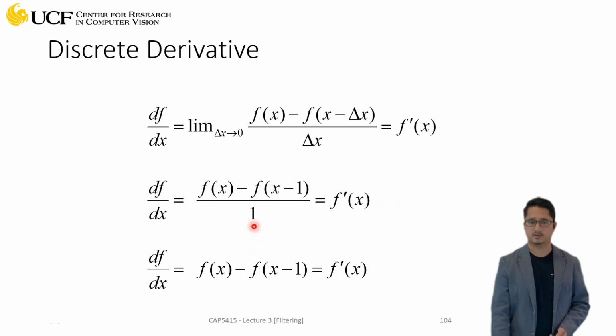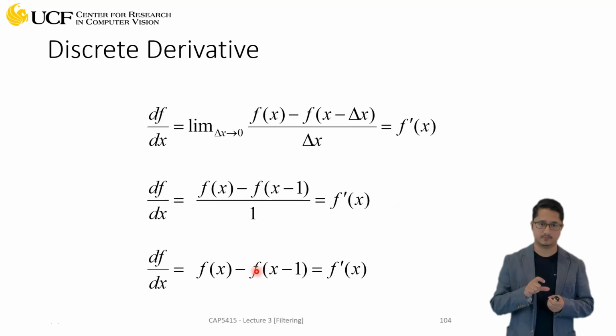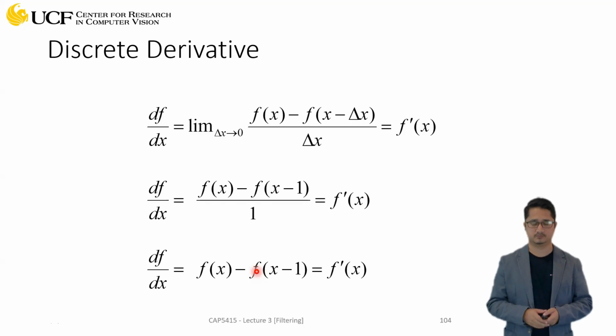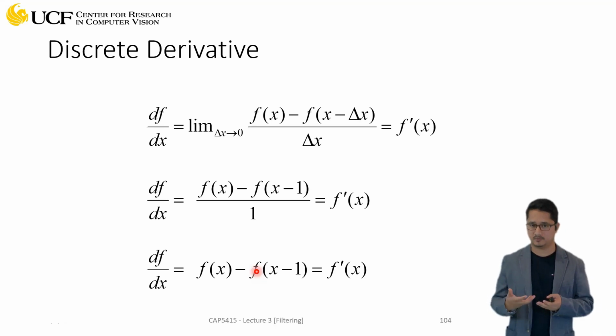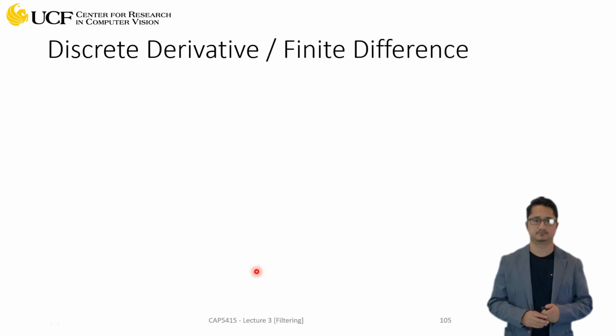You can ignore the denominator here because it's just 1. So it just becomes the difference of the function value as you move forward. Essentially, it's the amount of change you are observing in that function, and you can represent that as the derivative of the function at that particular step.